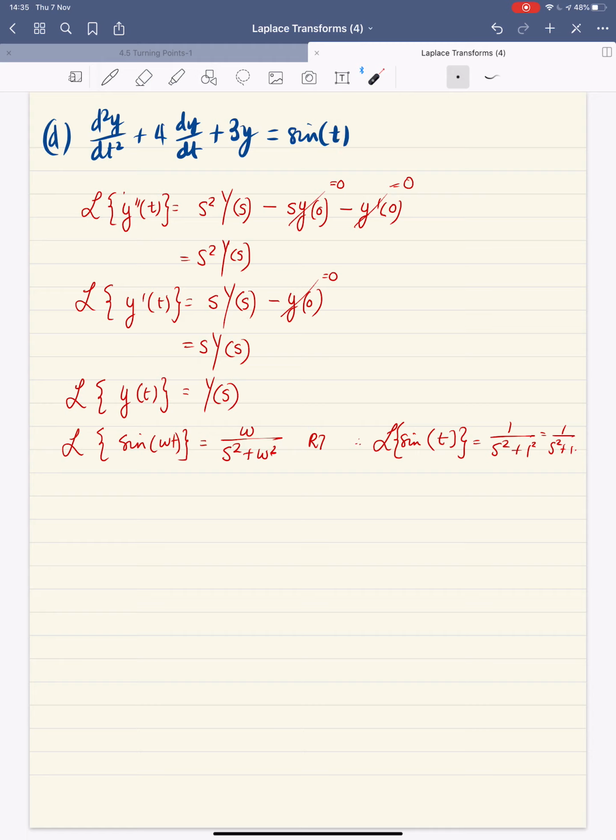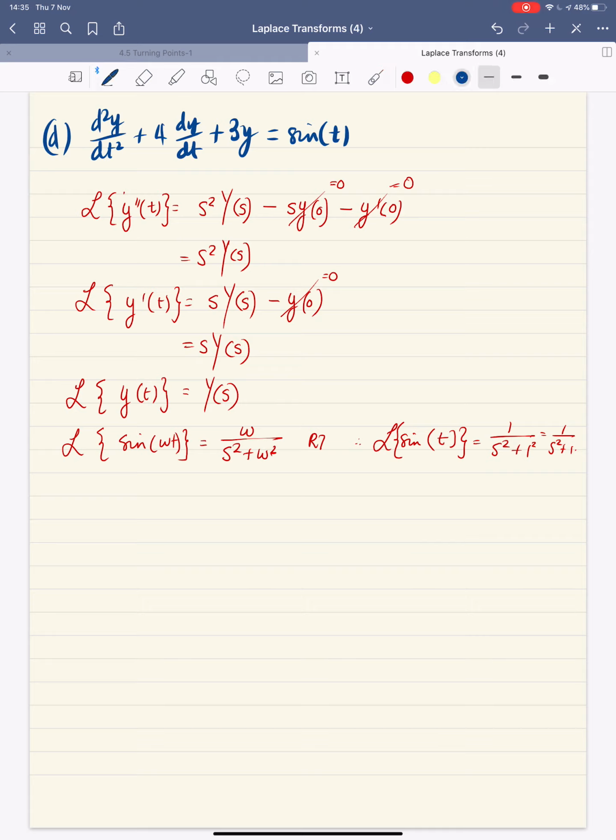So the Laplace transform of sine omega t from row 7 is omega over s squared plus omega squared, and we've got sine of 1t, so omega is 1. So we've got 1 over s squared plus 1 squared, which is 1 over s squared plus 1.